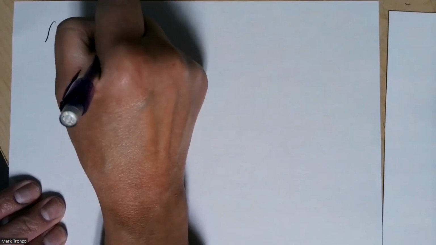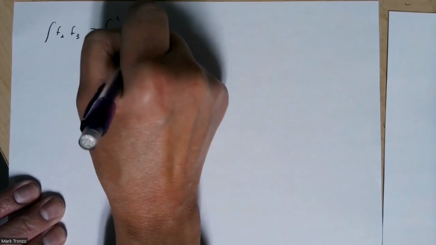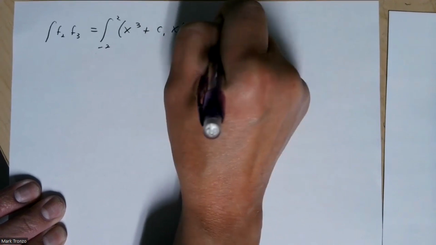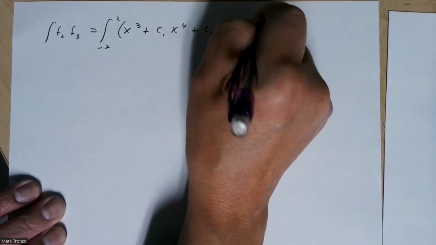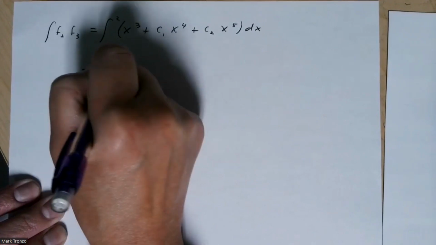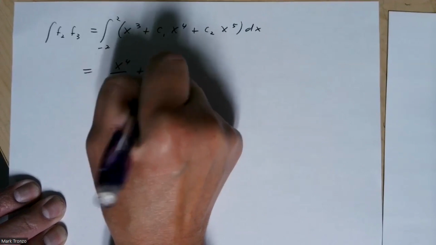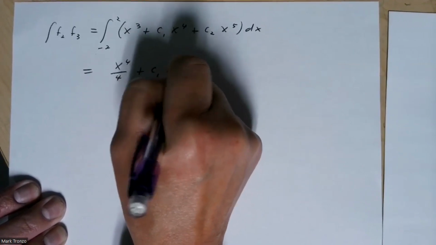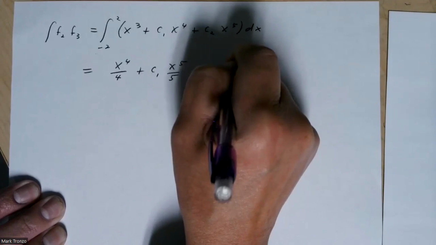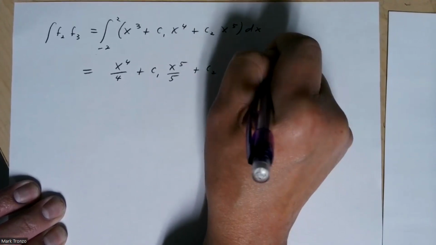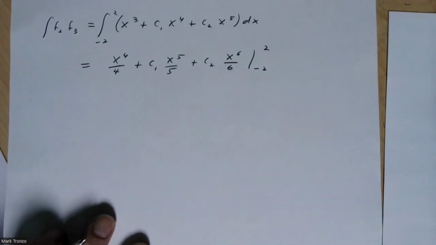So we're going to end up getting negative 2 x cubed C1 x to the fourth, and again, go ahead and integrate this. That's going to be from negative 2 to 2.